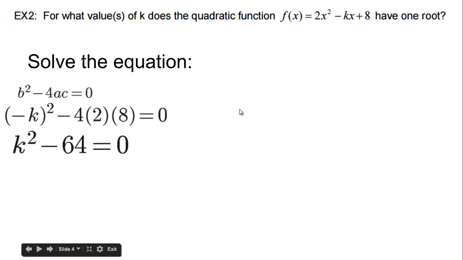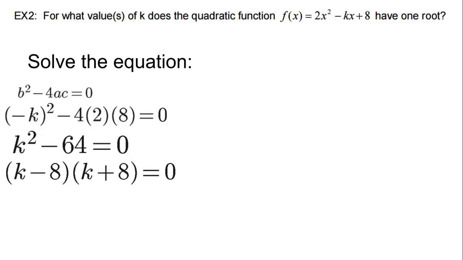It's related, it comes from that function, but we've actually created an equation of a quadratic. So we're going to solve the quadratic equation. It's a really good question because you're going to see it on the quiz and the test, and it requires you to solve a quadratic to find the answer.